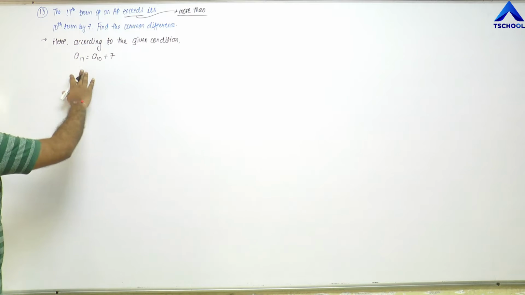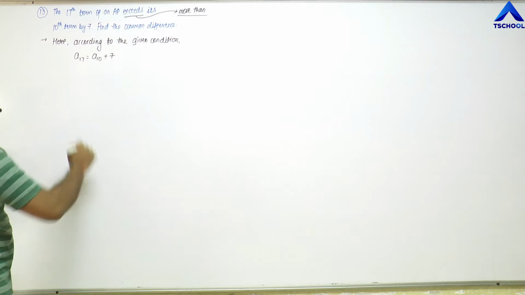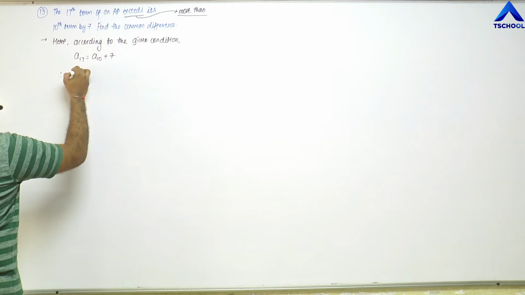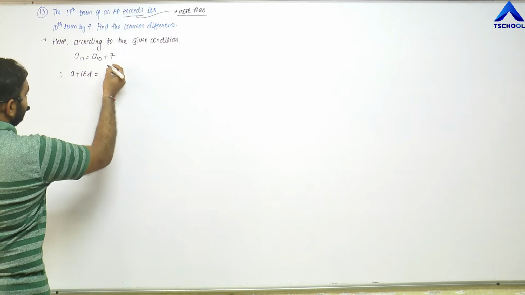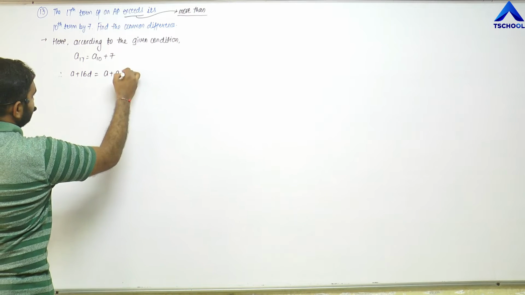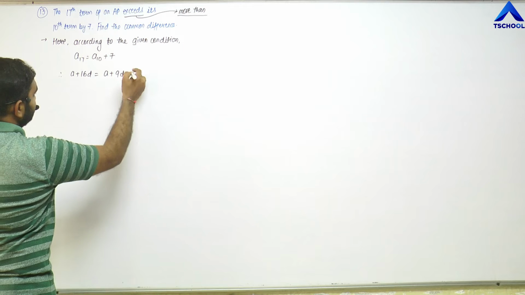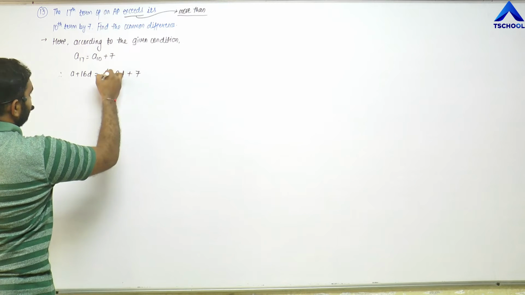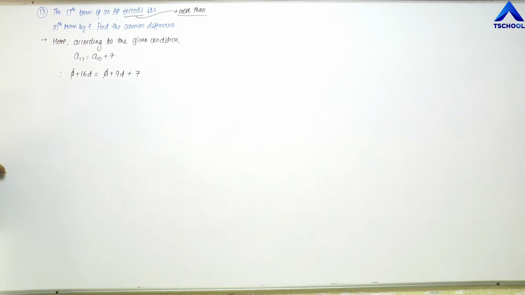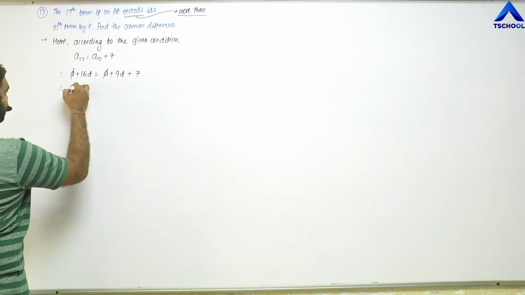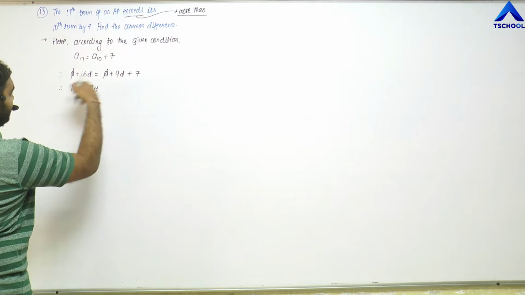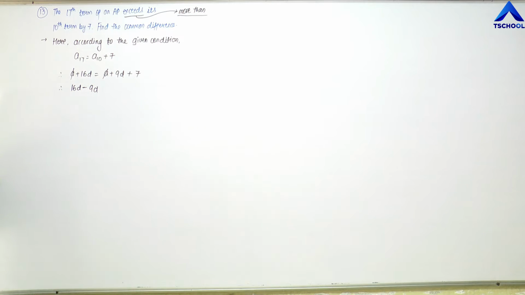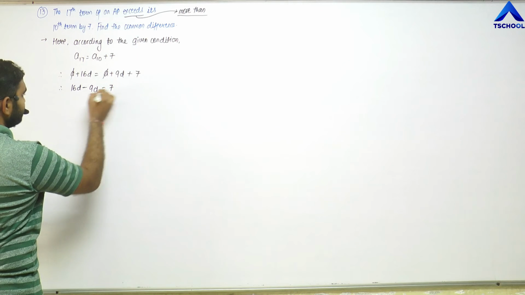So according to the general form of the arithmetic progression, A17 is A plus 16D, equal to A10, that is A plus 9D, plus 7. So you can cancel out A and A on both sides. Therefore 16D minus 9D is equal to 7.